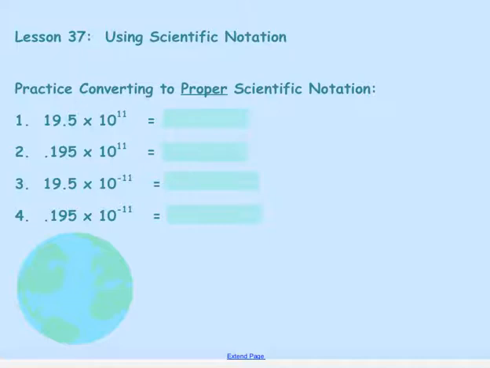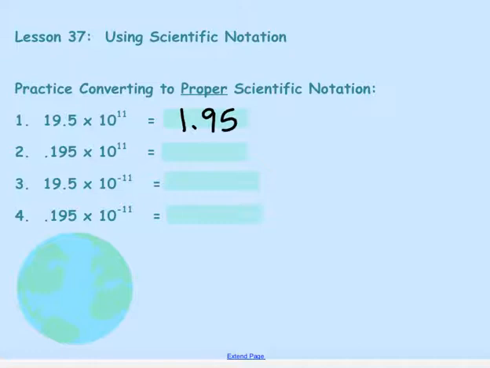Now, what if we are given something that looks like scientific notation, but we realize is not in proper scientific notation? Like the first one, we have 19.5 times 10 to the 11th. Well, we need a number between 1 and 10, and 19.5 doesn't fit that. So I know that I'm going to need 1.95.